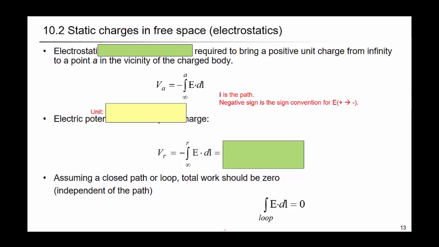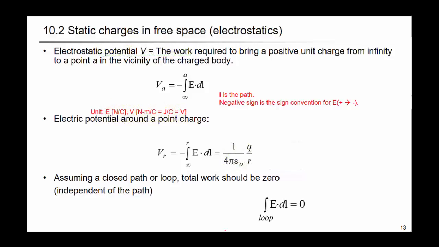Okay, I'll just take out all the boxes. We can define the electrostatic potential right now. Electric potential is the work required to bring a positive unit charge from infinity to a point A in the vicinity of the charged body.